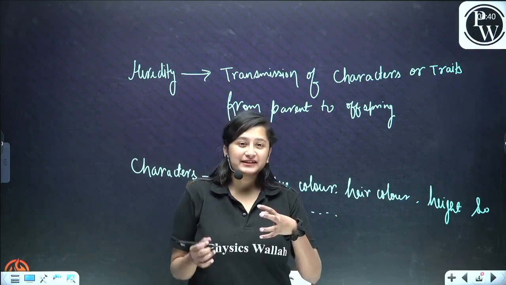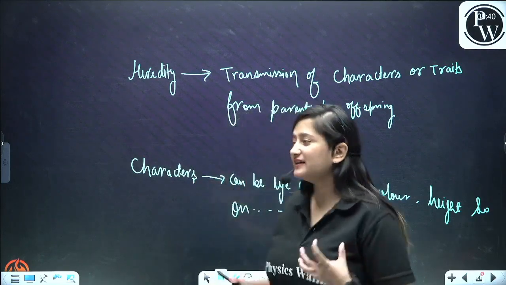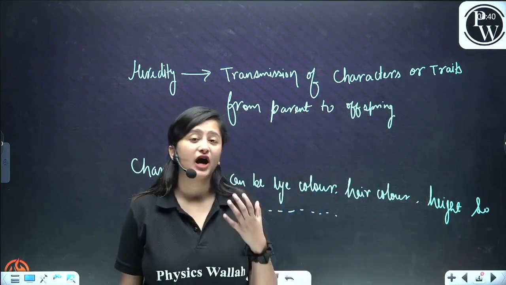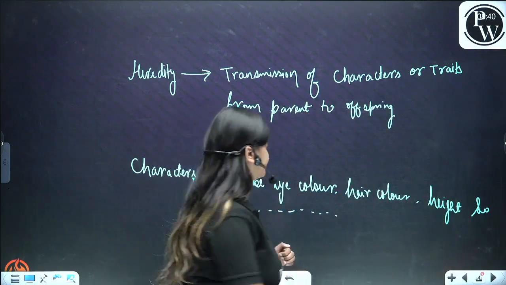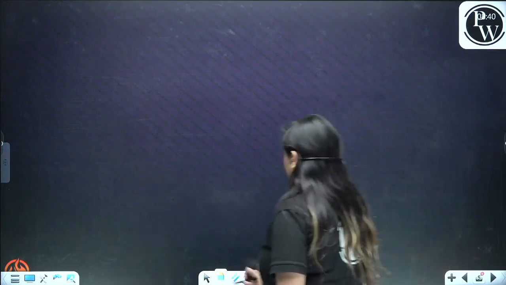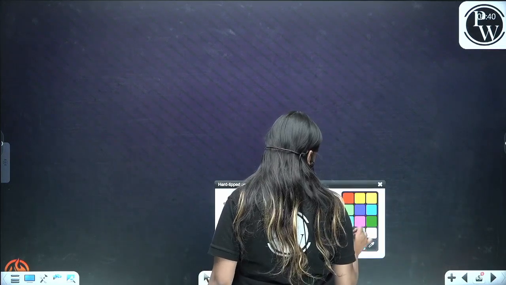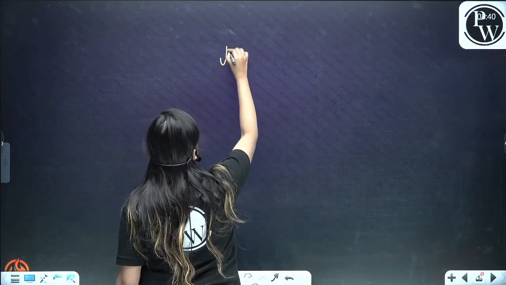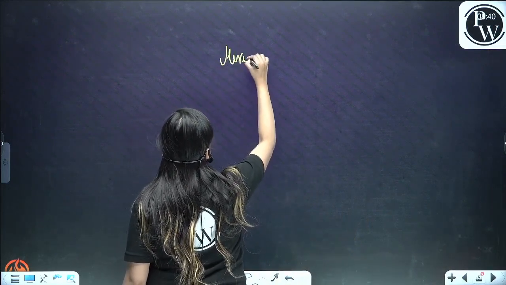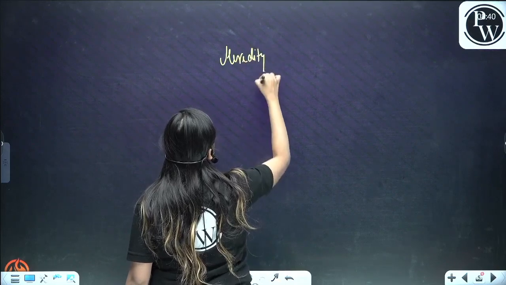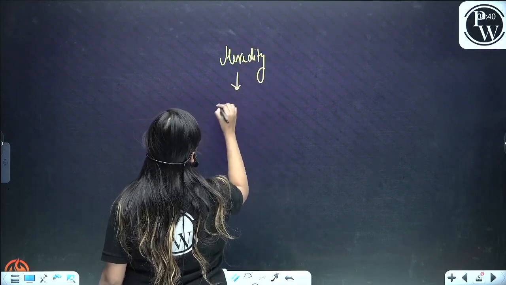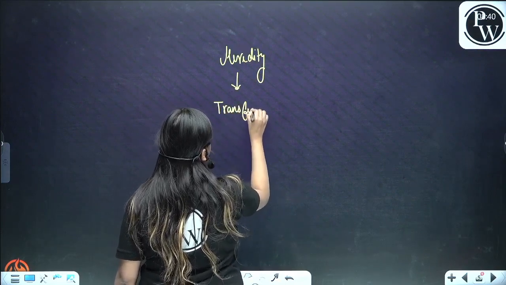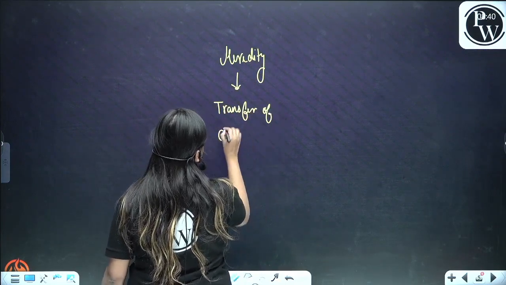right? So before starting this one, let's see about the important terminologies which you need to understand. Now let's start with the mind map, what are the important terminologies. That is heredity, that is transfer of characters.